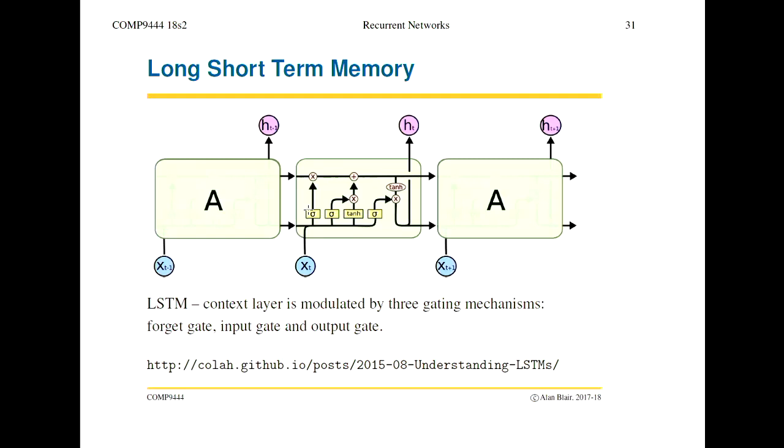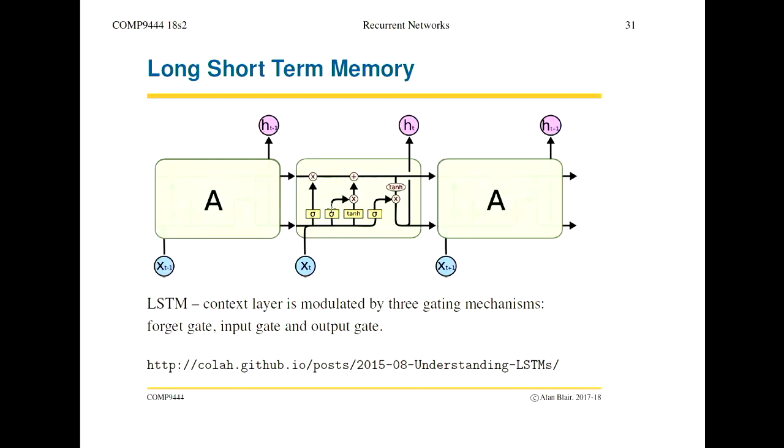If the number is equal to 0, then you're forgetting the value of that hidden unit altogether. You're multiplying it by 0. If it's equal to 1, that means you're remembering it completely. You're not forgetting it at all. And if it's in between 0 and 1, you're partially forgetting it, right? So this number here is how much of each component to forget.